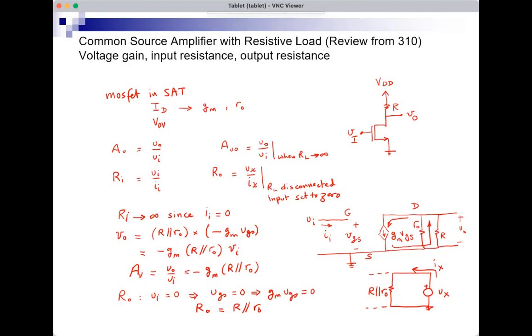But usually, after amplifying, the most important quantity would be gain. Is your gain large? Is your amplifier really amplifying a lot? So let's look at AV and see how we can enhance it. It's minus GM R parallel RO. So I have two quantities from the MOSFET, GM and RO, and R.